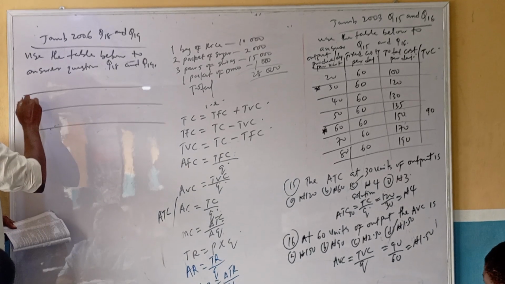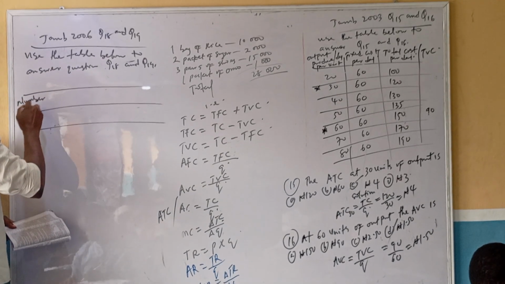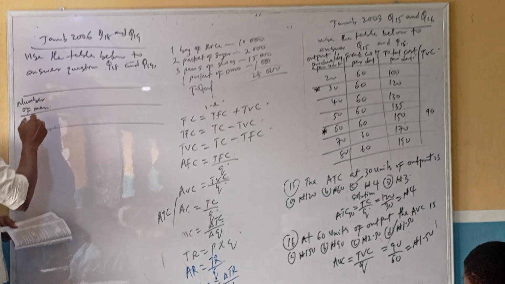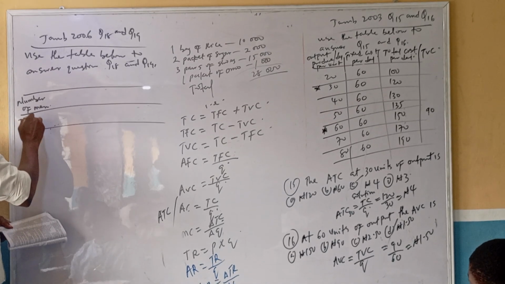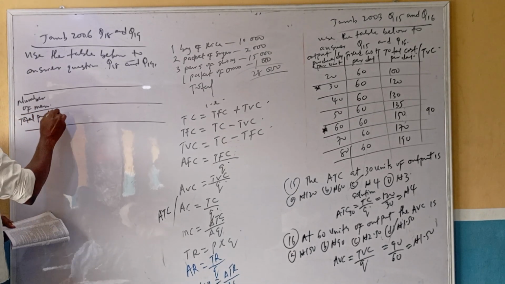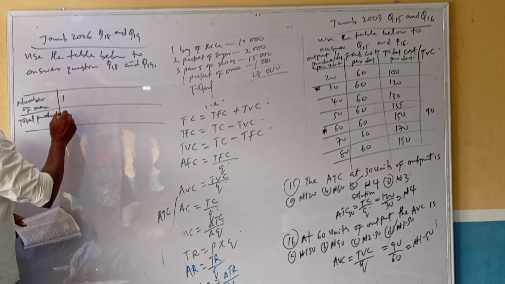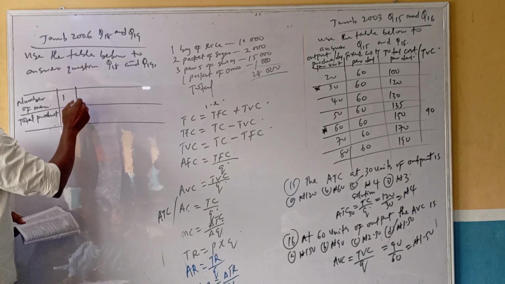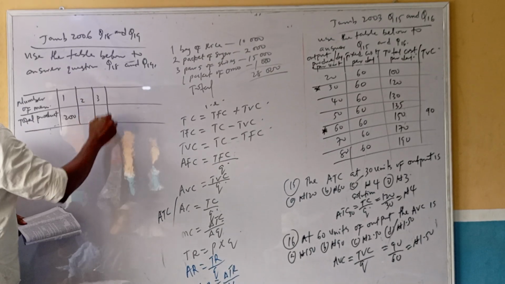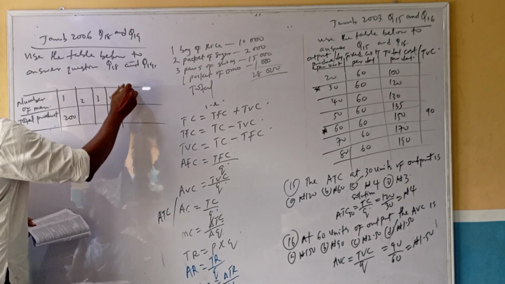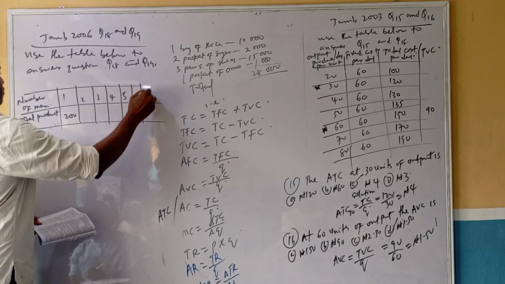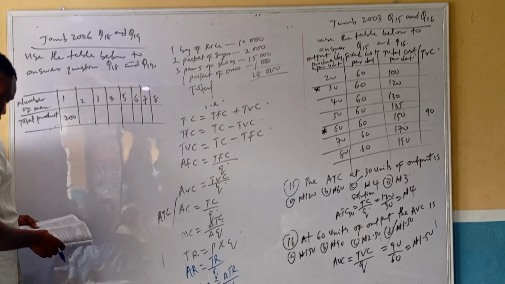You are given number of men and total product. Number of men: 1, 2, 3, 4, 5, 6, 7, 8.